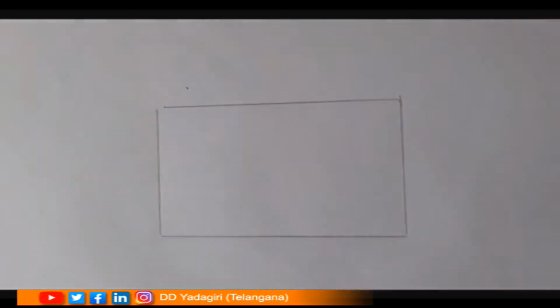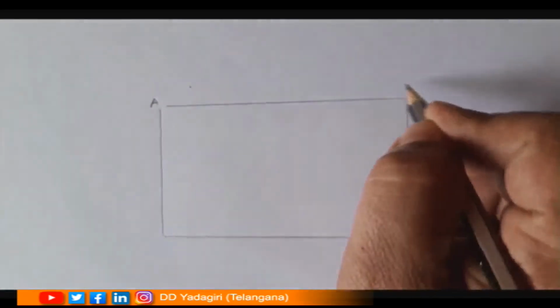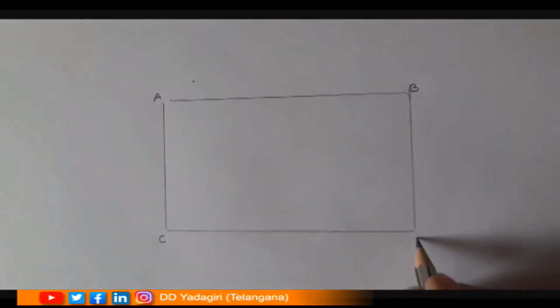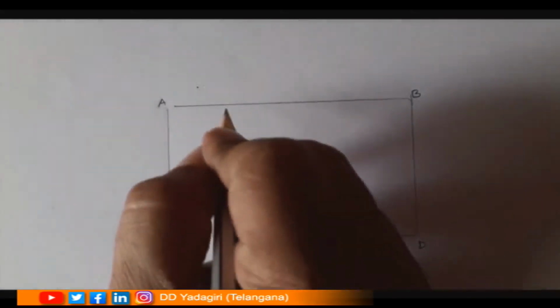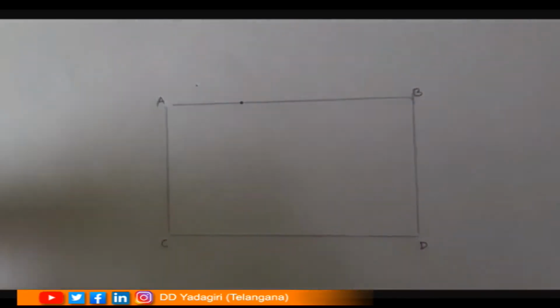Remove the slab, name the vertices A, B, C and D. Take a point at a convenient place on the AB line.